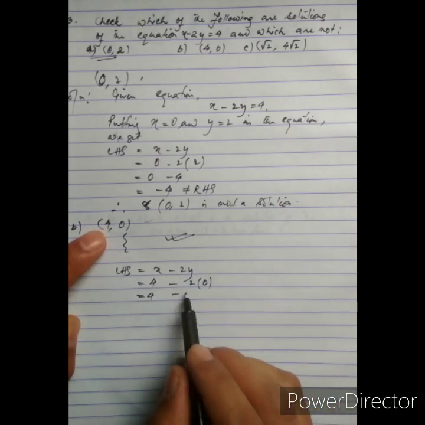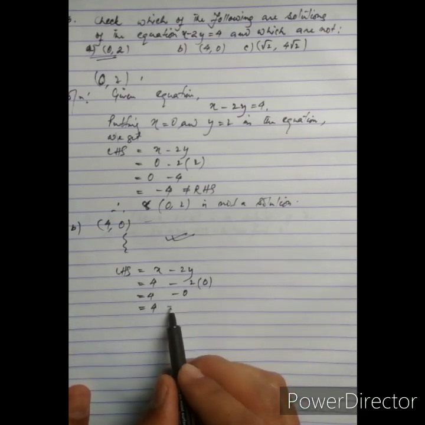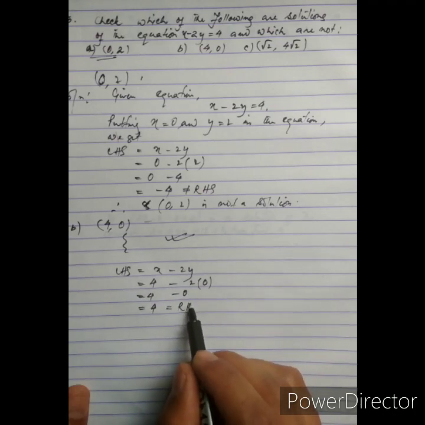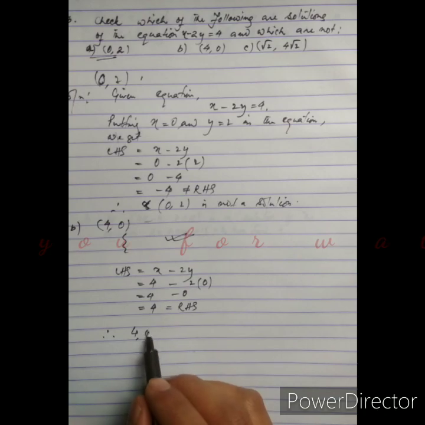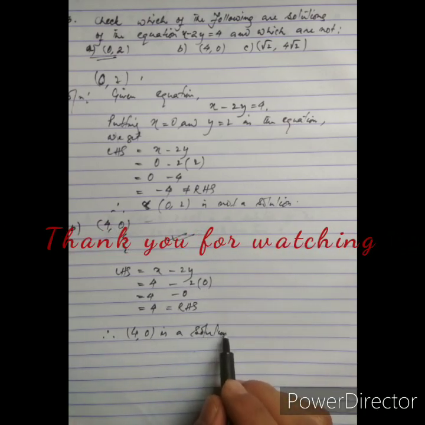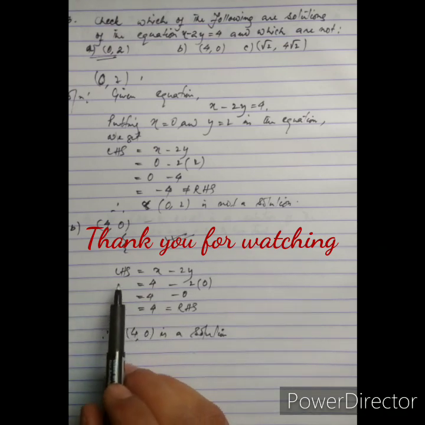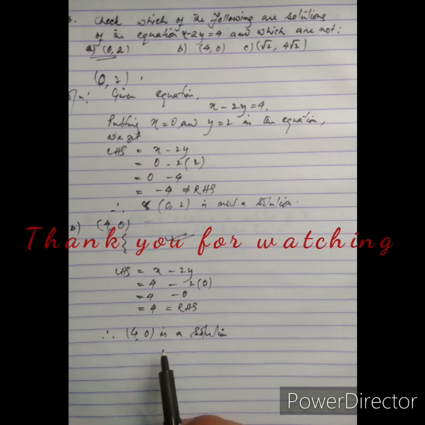So 4 minus 0 means we get here 4. But on the right hand side there is even 4. So you can write here right hand side. Therefore (4, 0) is a solution. Why? When I put the values of x and y in this equation, left hand side and right hand side are equal. That means this (4, 0) is a solution.